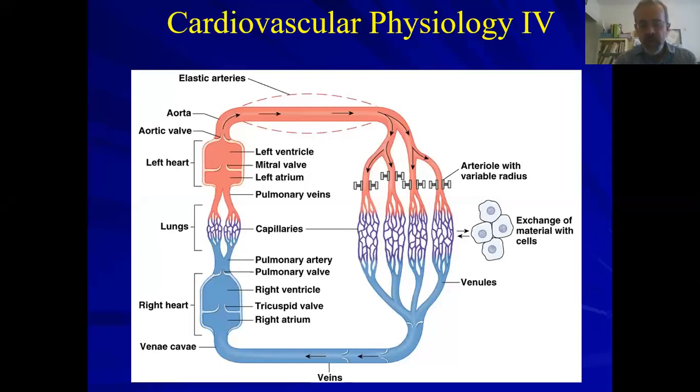Okay, so what have we covered so far with the cardiovascular system? We've covered the heart, basically the anatomy of the heart, the chambers, how blood moves. We've spoken about the mechanics of the heart, systole, diastole. We've spoken a bit about stroke volume. Obviously, one way of evaluating the heart is measuring stroke volume, cardiac output, and heart rate.